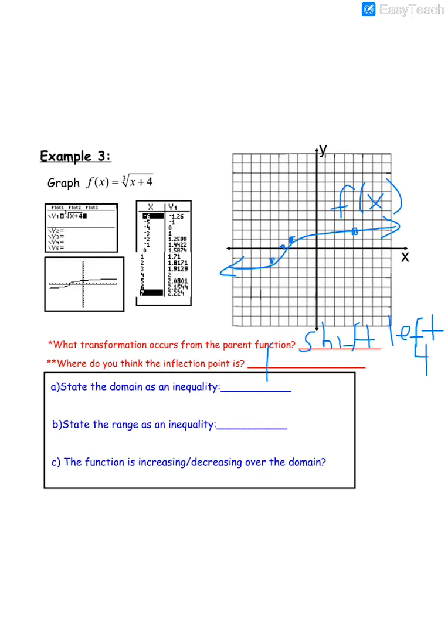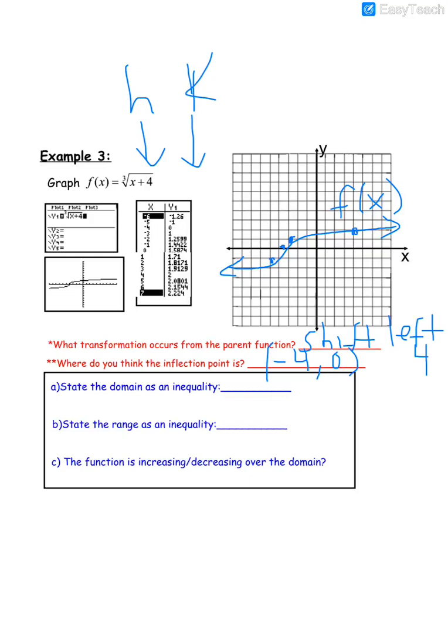It's at (-4, 0). And again, that comes from my h and my k. There's nothing going on outside, so that's where the 0 comes from. Inside lies, so the +4 now becomes a -4 as my point of inflection.